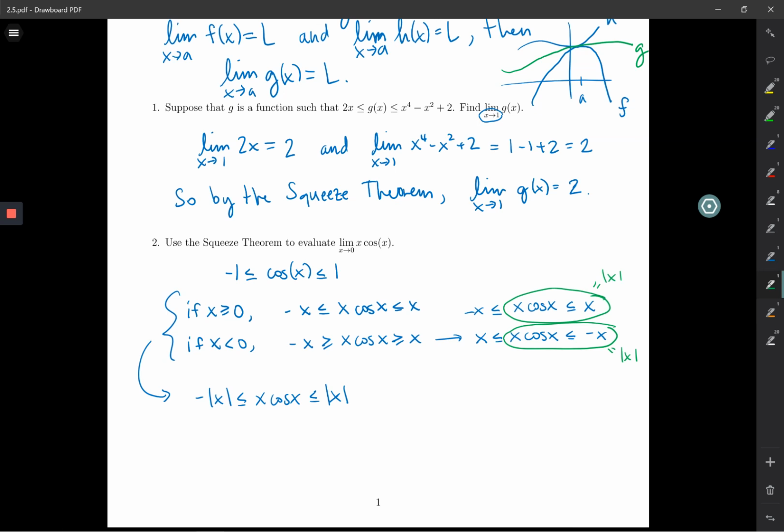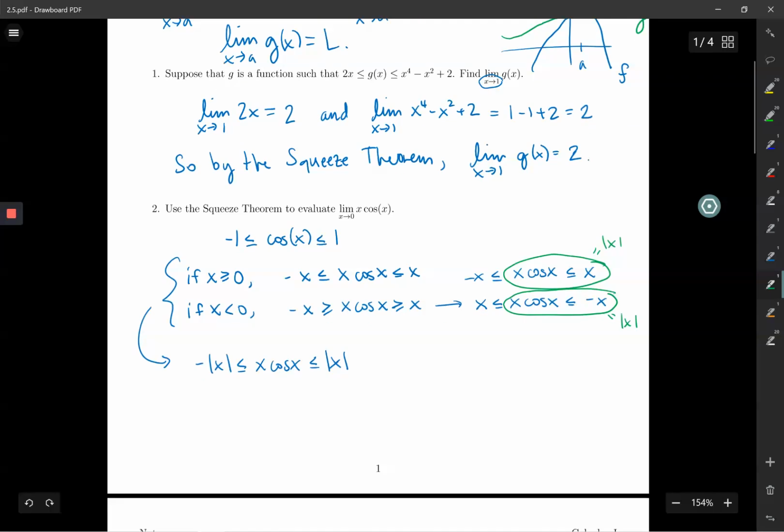Okay, so these two different cases give us that x cosine x is less than or equal to absolute value of x. And then the other inequality is basically just the mirror image of that, so I'm not going to go over that one.